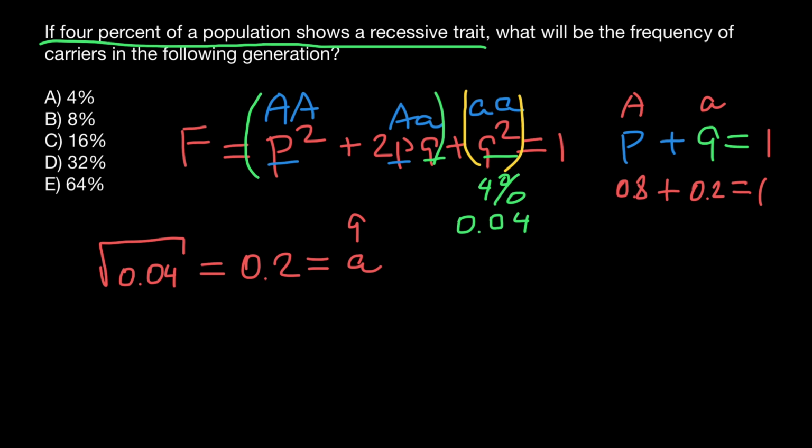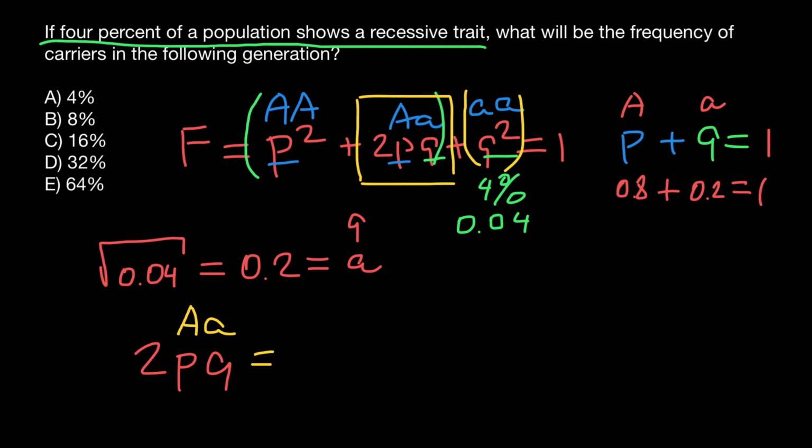And now we can also answer our question: what will be the frequency of the carriers in the following generation? Carriers are going to be this genotype, 2pq, the heterozygous genotype, which would equal 2 times the frequency of p, which is 0.8, times the frequency of q, which is 0.2.